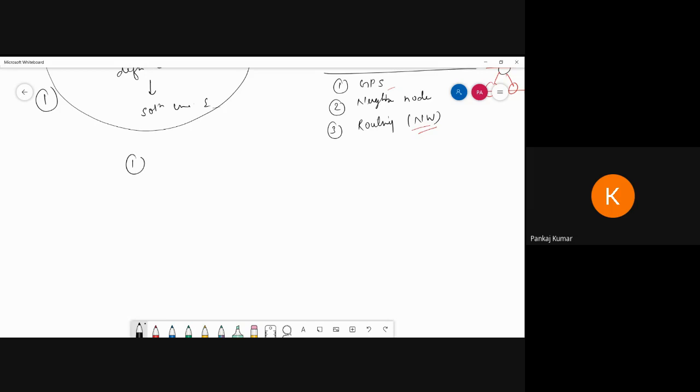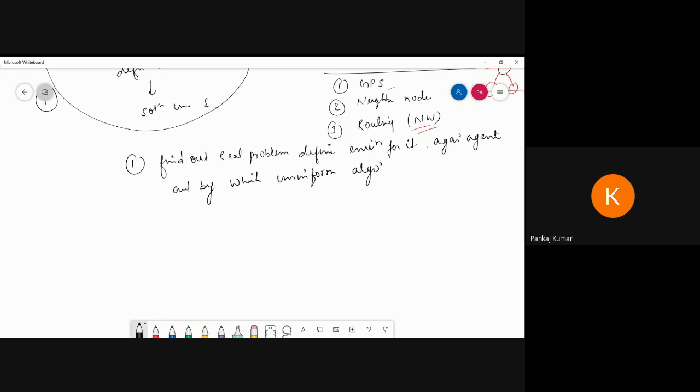The first assignment is: find a real problem, define the environment for it, assign the agent, and apply which uninformed algorithm is best and why.